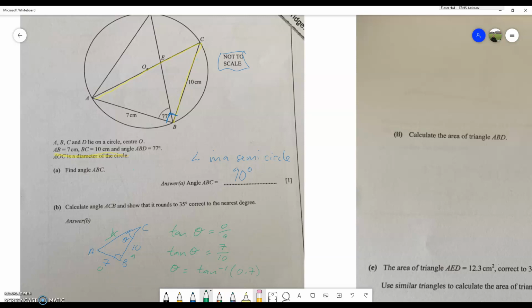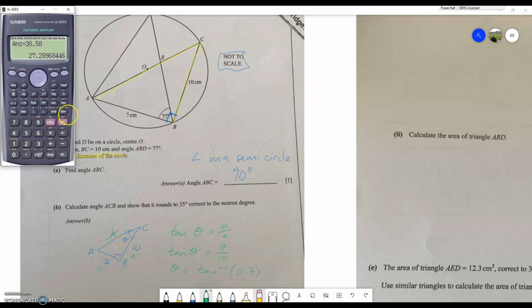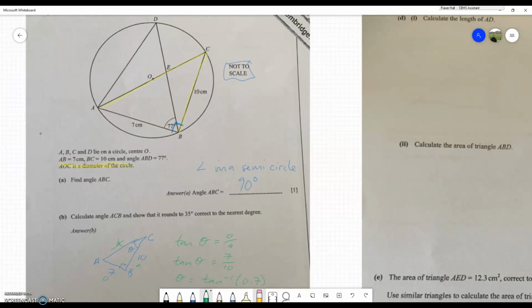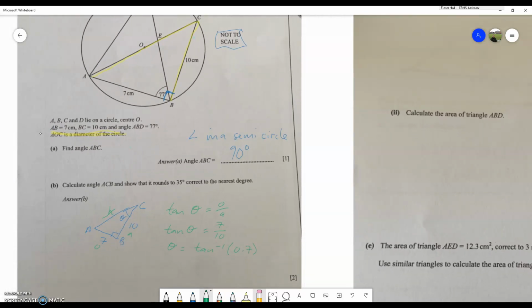Okay, then we can get our calculator. Make sure we've cleared it, make sure we've got it in degrees. Then we just need to use inverse tan. Oh, I pressed that twice, didn't I? So inverse tan, 0.7, close bracket, equals 34.999, which rounds to 35.